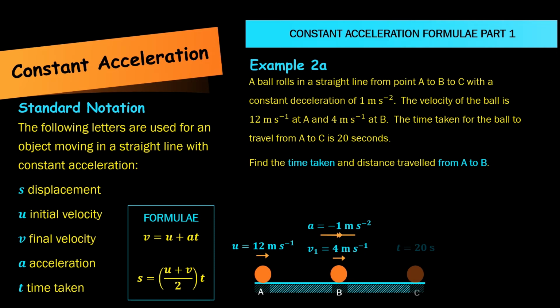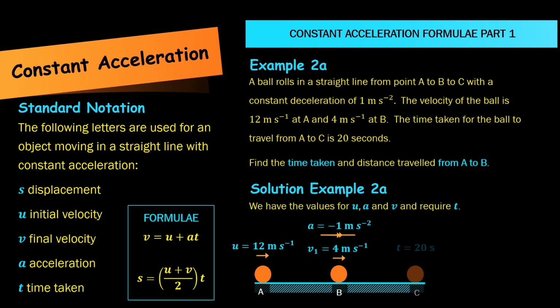So let's only focus on this part of the journey. We have the values for u, a, and v, and require t. Which formula contains all these letters? Of course, it's v equals u plus at.